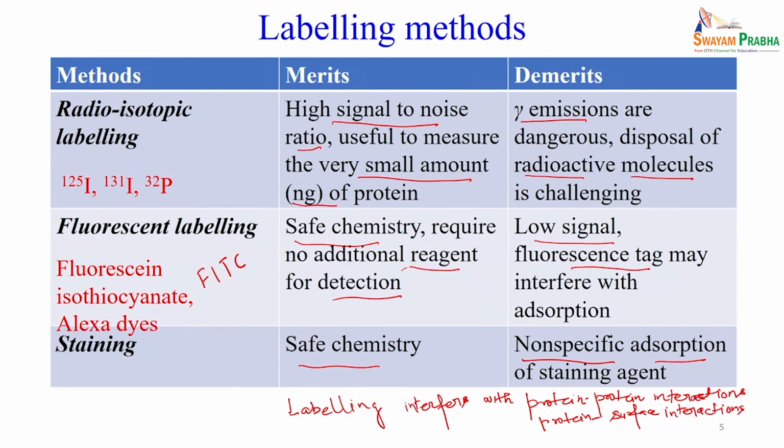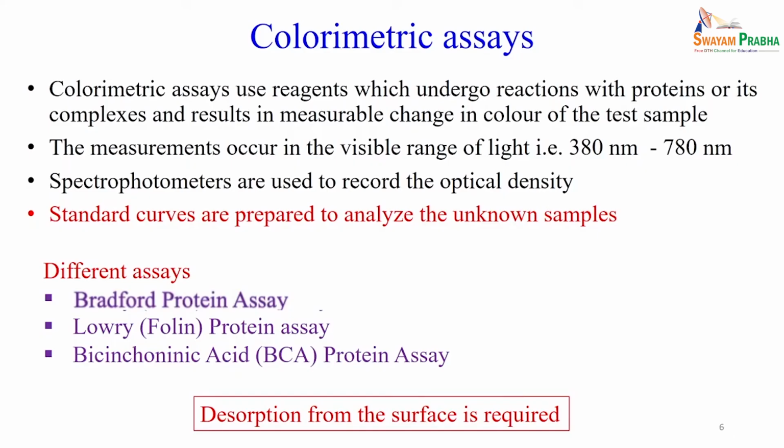So, this is the major challenge or major drawback with this system. If you are labeling a protein, we are not very sure whether it is behaving like a native protein or not. So, next method is the colorimetric method.